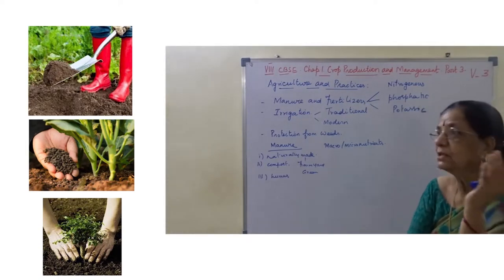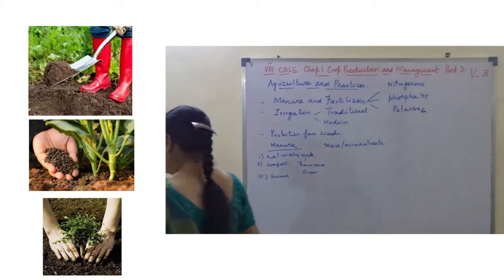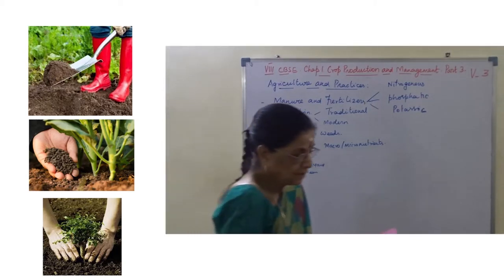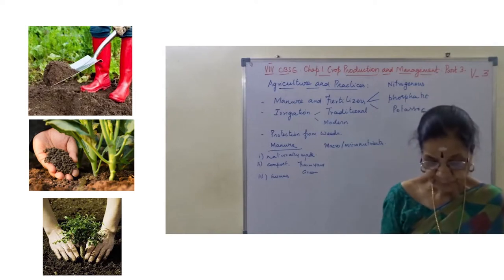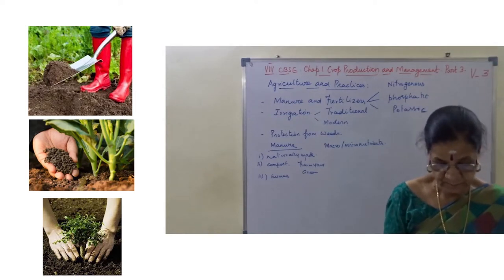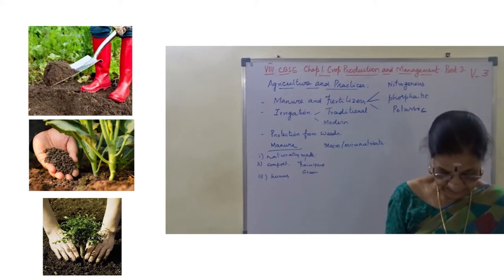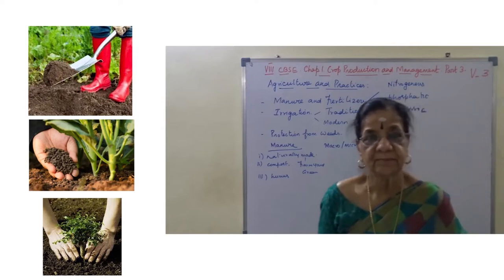And you should know the difference between manure and fertilizers. I hope you understand. So here, one minute, manure and fertilizers are given in our textbook, pages 6 and 7. Okay.